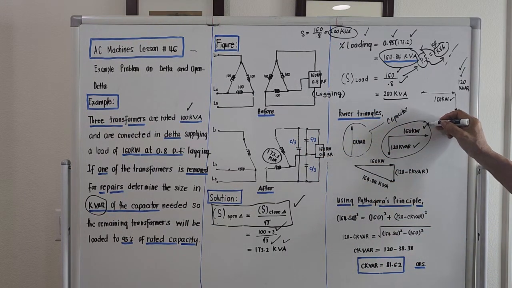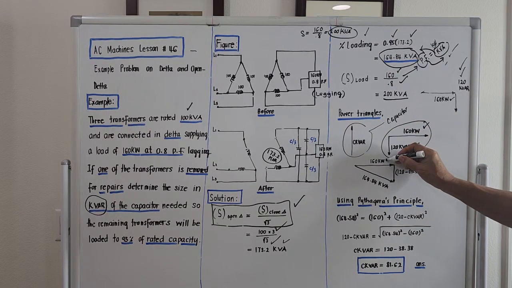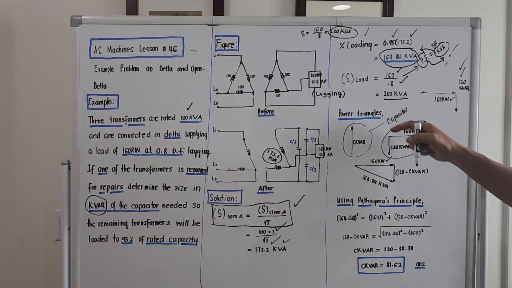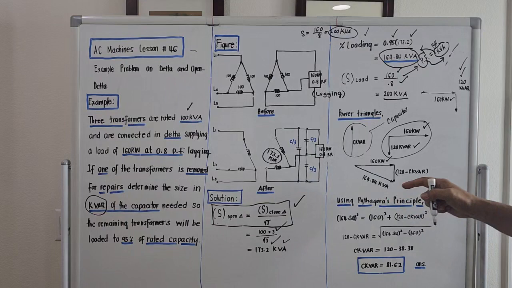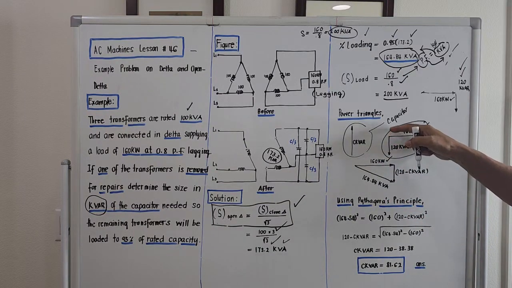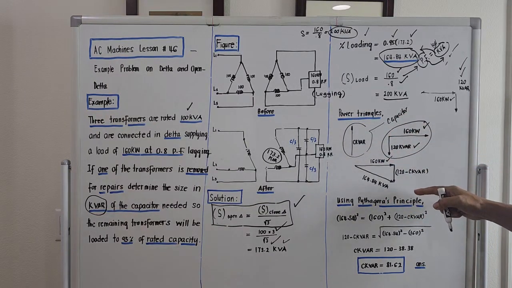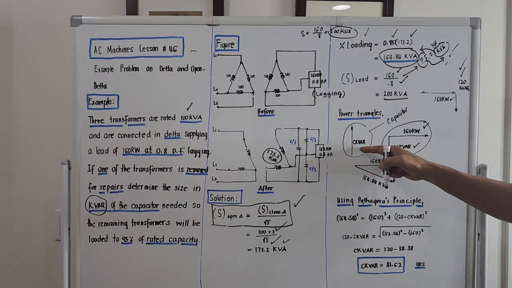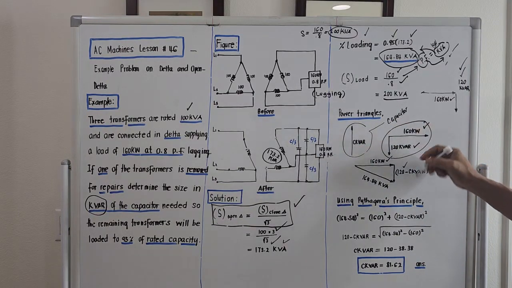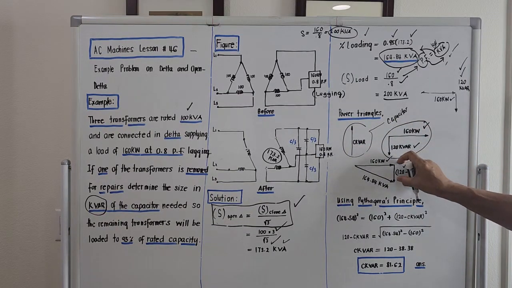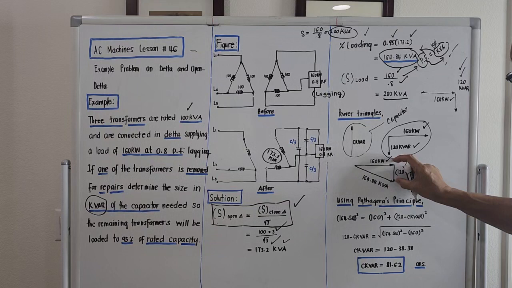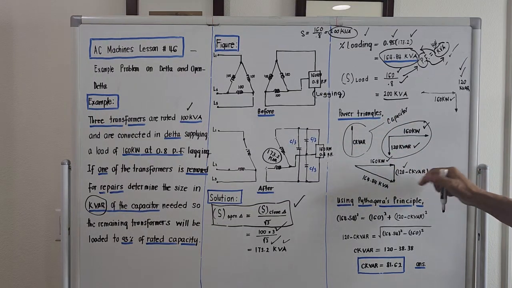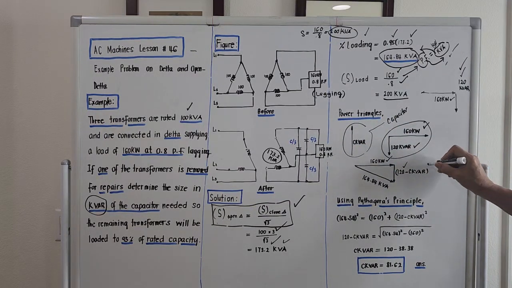the true power will be 160 plus 0, or simply 160 kilowatt. And the overall reactive power will be this downward here minus upwards. The downward is 120. Upward is this kilobar of the capacitor. So this one here will be the difference, 120 minus C kilobar.